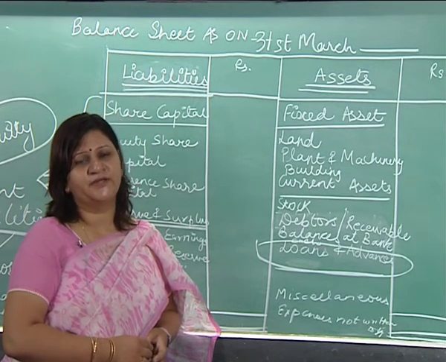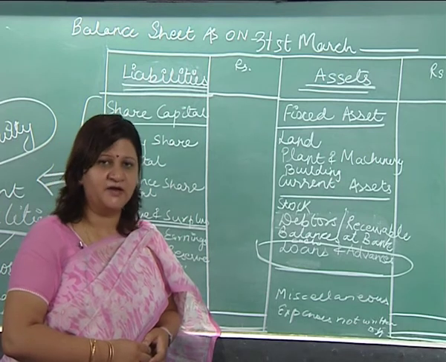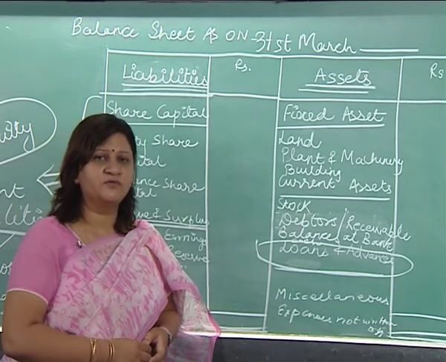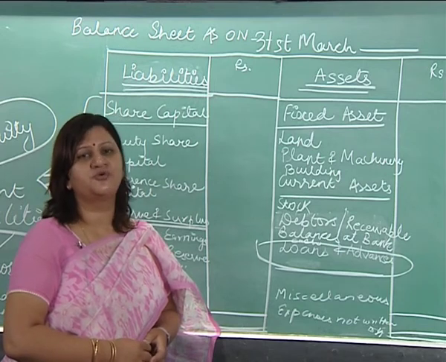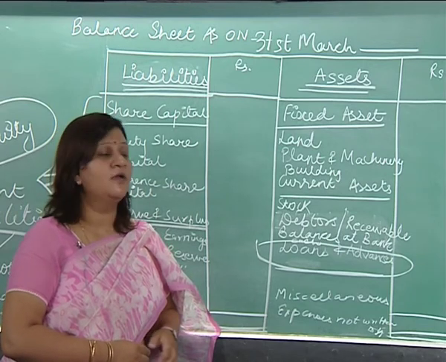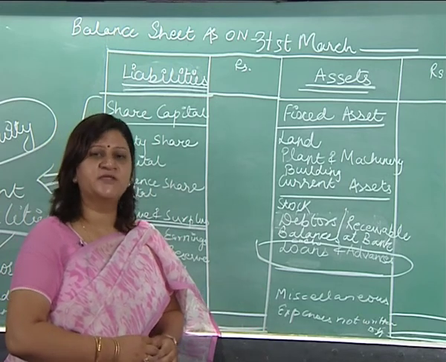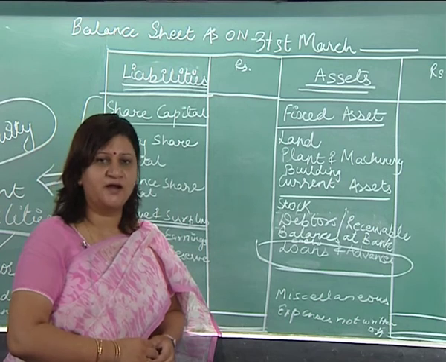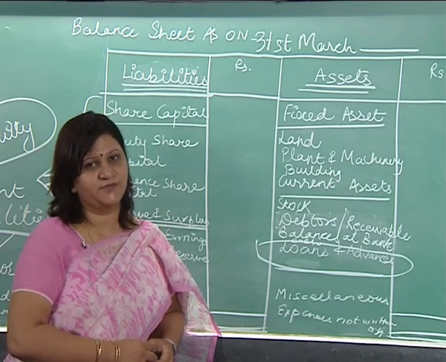And whatever is left behind, which is not written off, will form part of assets, and it will be shown under a separate heading called miscellaneous expenses not written off. Examples of such expenses are formation expenses or pre-incorporation expenses.